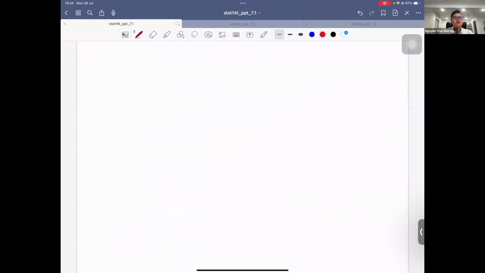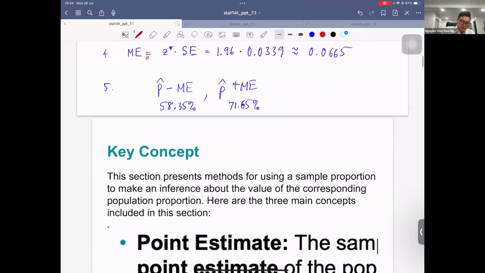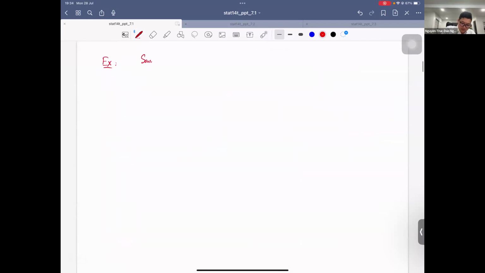Again, we are interested in estimating the average lifetime of all light bulbs of a certain type. So we have the sample size n equals 25, and the sample mean x bar equals 150 hours.